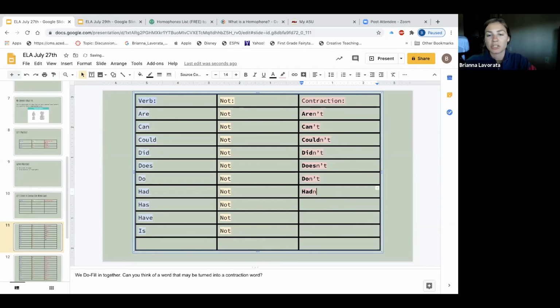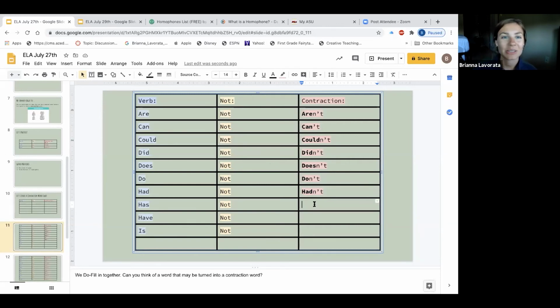However, we're not going to write it like this, had not. That is not how we do it, because if we did, we would just leave it separated and write, I had not lost my keys this morning. Instead, I hadn't, apostrophe T, lost my keys this morning.